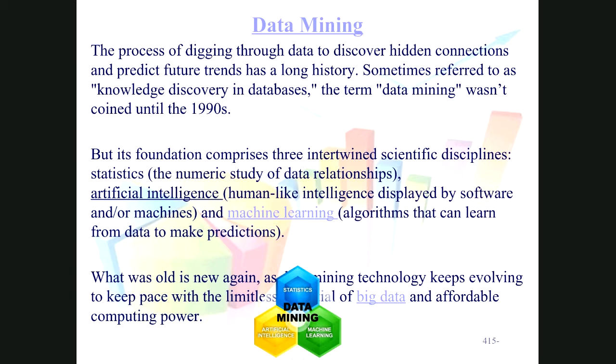So I'm just going to read a little bit here. Its foundation comprises 3 intertwined scientific disciplines: statistics, obviously, the number study of data relationships; artificial intelligence, human-like intelligence displayed by software. That is your, think like a human; and machine learning, algorithms that can learn from the data to make predictions.